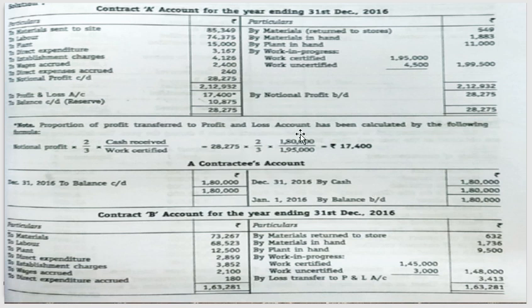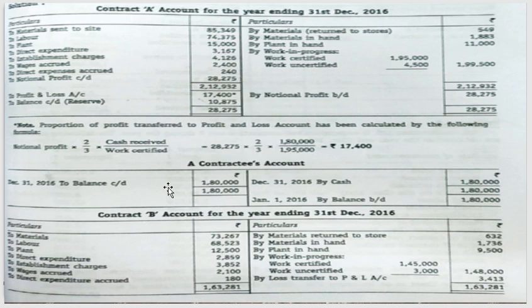As the date is given, we can have an additional column for date as well in the contractee's account. Cash is received 1,80,000. Then this 1,80,000 is received from the contract, and it can be shown as to contract account or by balance carried down, which is 1,80,000.